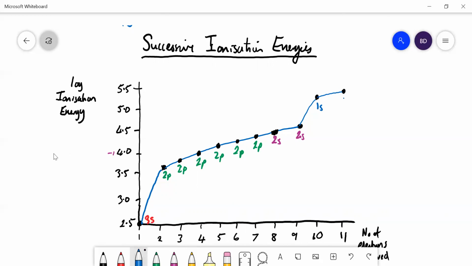And you can see you don't see any discontinuity here. There's no big jump in the gradient of the graph. You can't really use this as evidence for subshells, but you can definitely see there's evidence, this big jump here, of a new quantum shell.